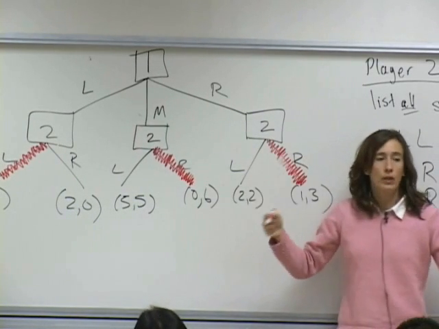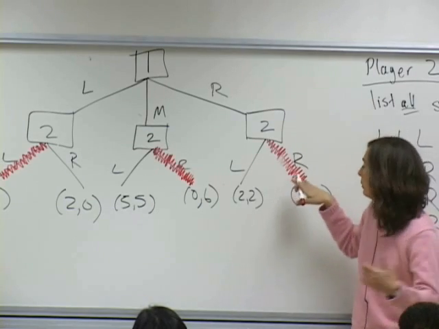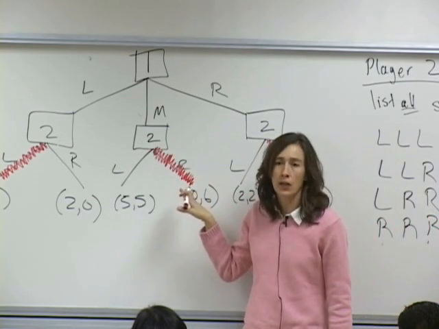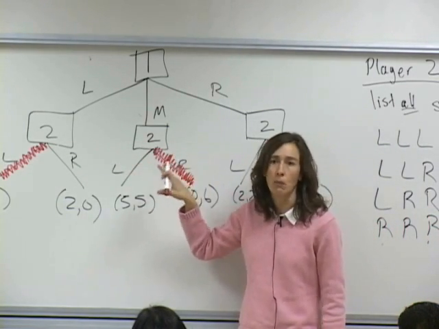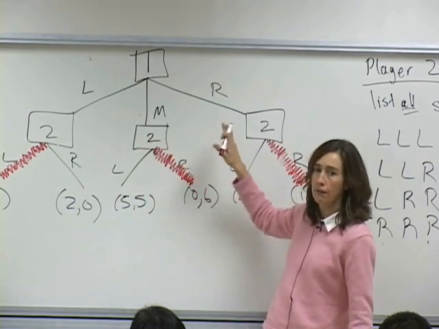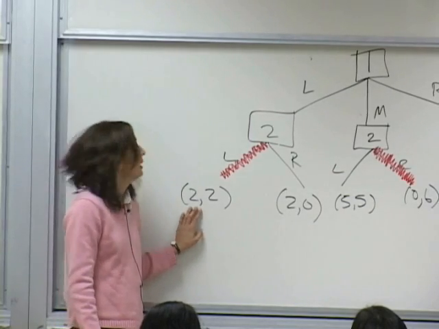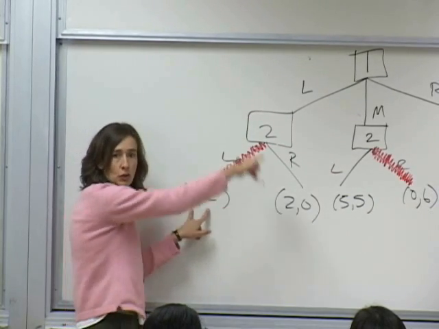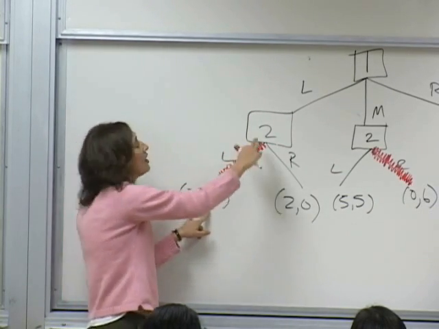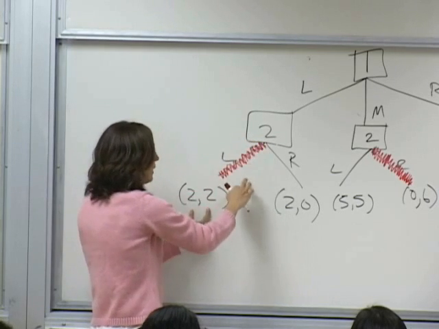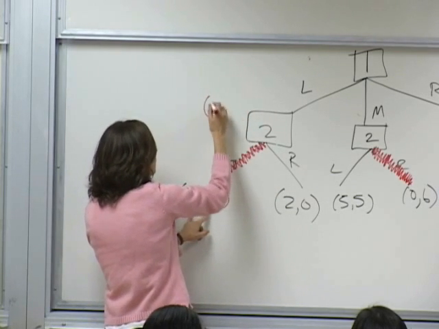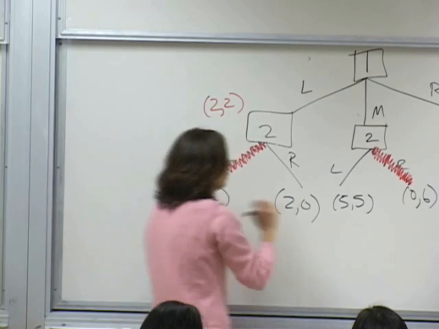Now that I've figured out what 2 is going to do in this lower part of the tree, I don't need to pay any attention to it anymore. I can just replace this whole set of nodes with the strategic equivalents. The strategic equivalent is the payoffs associated with the optimal choice. Okay, so the strategic equivalent of this node is 2, 2.